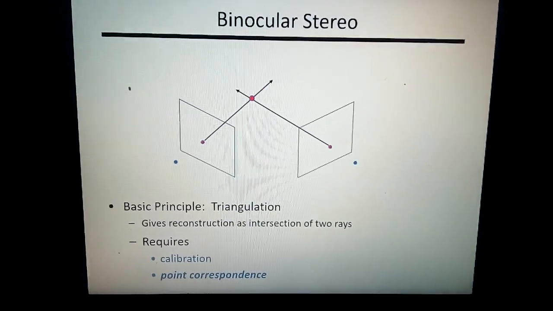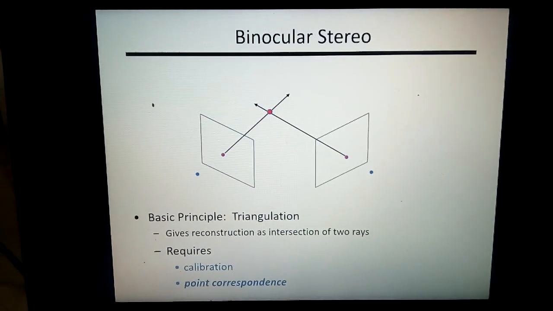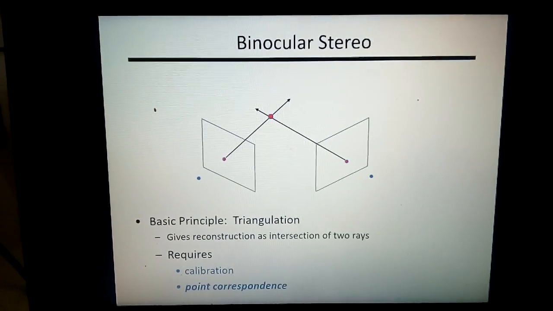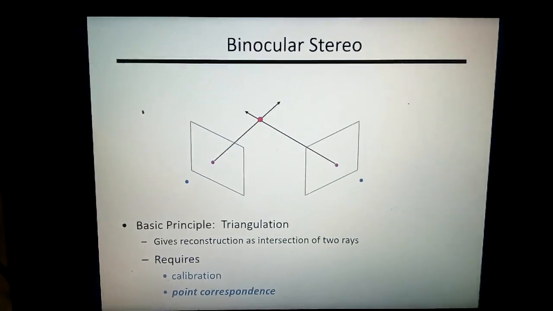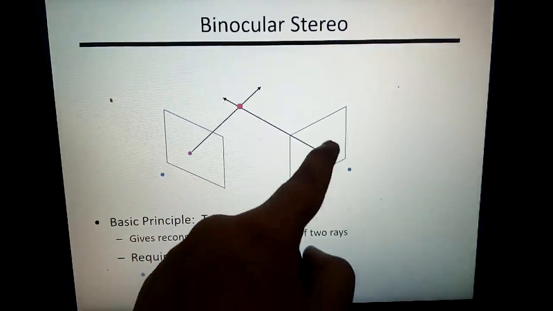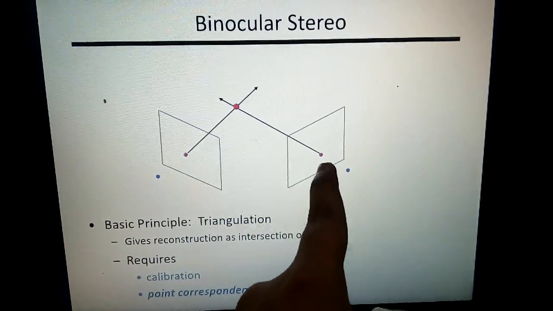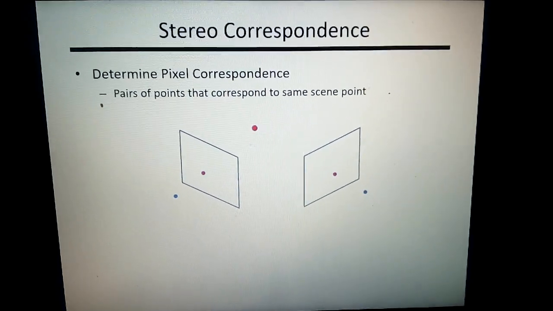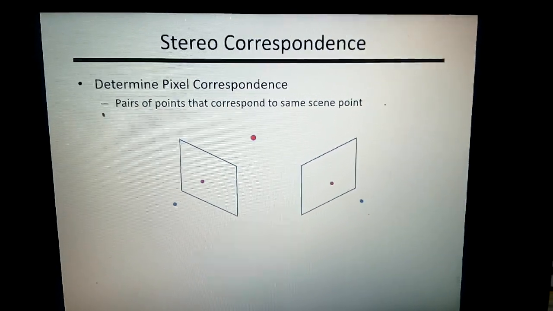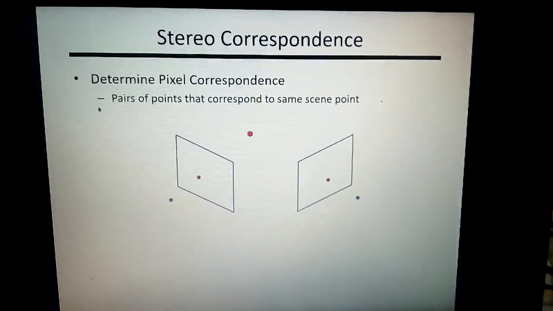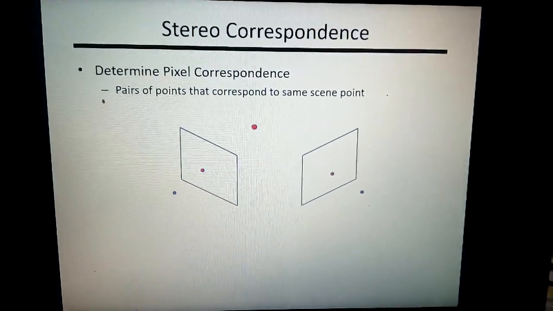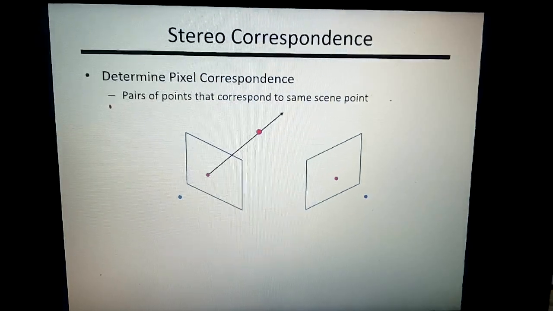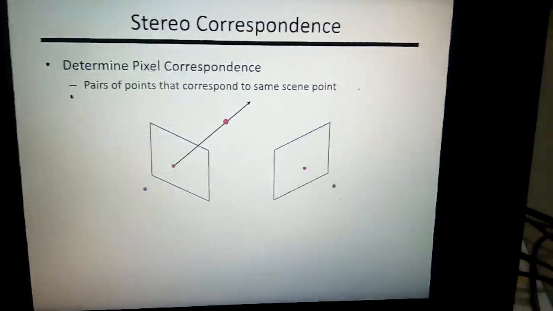And point correspondence, as I have discussed before, is finding the location of the same point in multiple images. So this point is the corresponding point to this point. The next step is finding the pixel correspondence, which is the same thing: a pair of points that correspond to the same scene point.